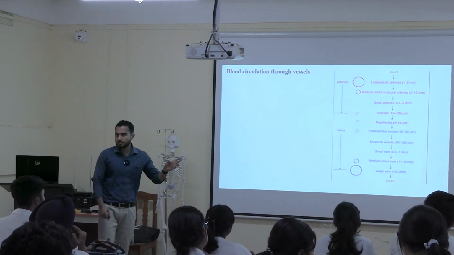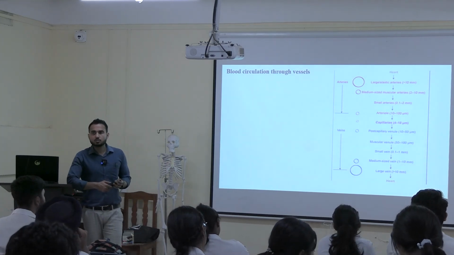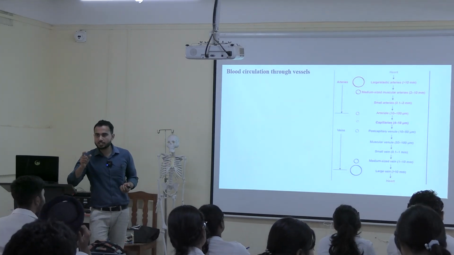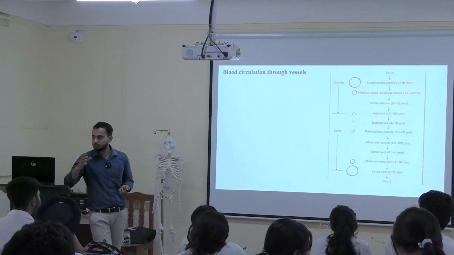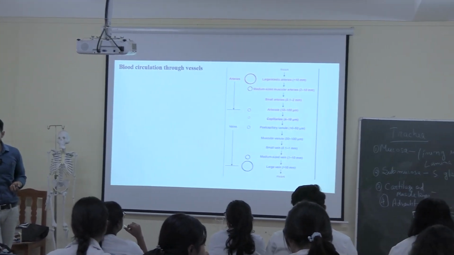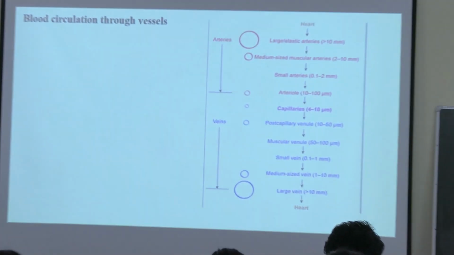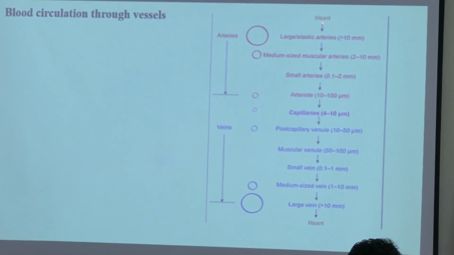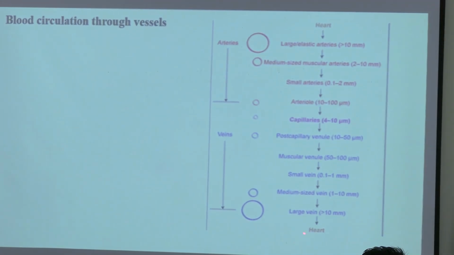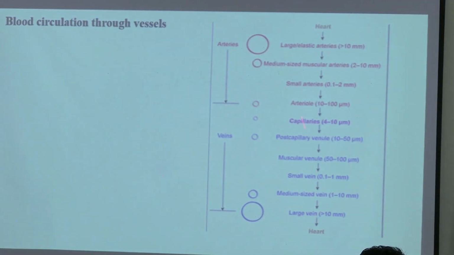This flow chart is also important. You don't have to write this flowchart in your practical notebook, but whenever you are studying, it will be better if you write the flowchart. So from the heart, how it is coming out and how it is going back into the heart. Already I have shown you in the lecture hall that day.